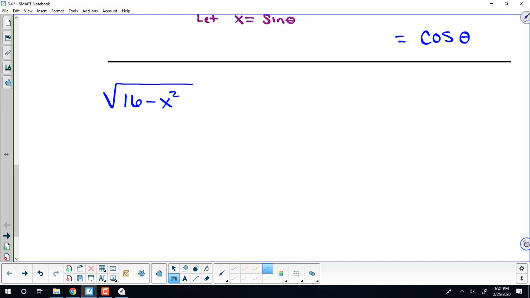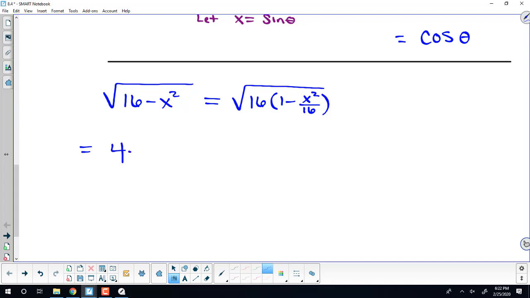So when we see 16 minus x squared, the way we're going to handle this in class anyways is we're going to factor out a 16 from both terms. So we factored a 16 out. And then we can take the square root of 16 out.